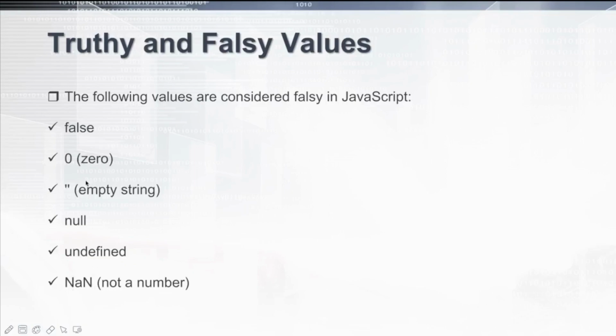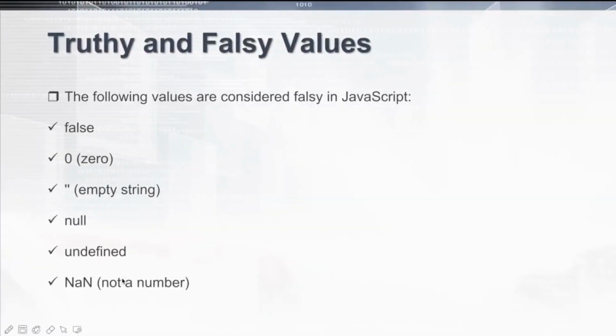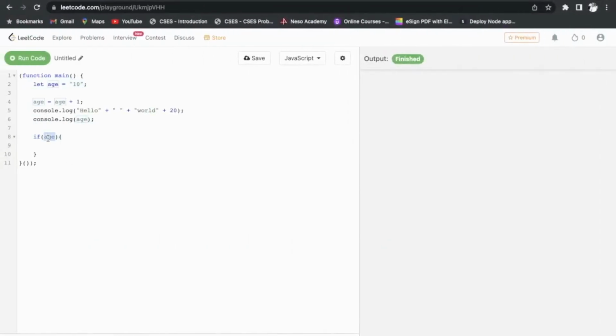It's not a false, it's not a 0, it's not an empty string, it's not a null, it's not an undefined, and it's not a NaN. And we have said anything that is outside of this automatically is what? True. So since this age is not any of these values, it's going to be true. When this is converted to a Boolean context, it's going to be true.